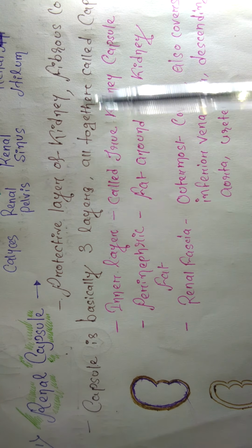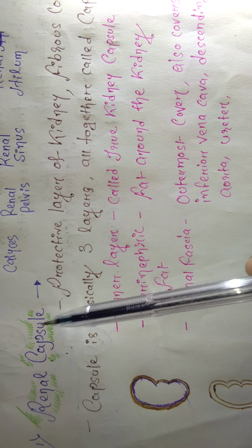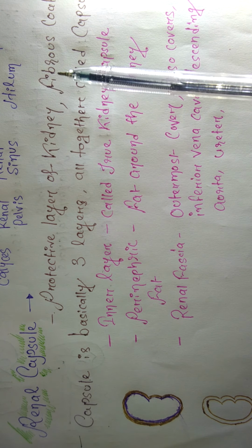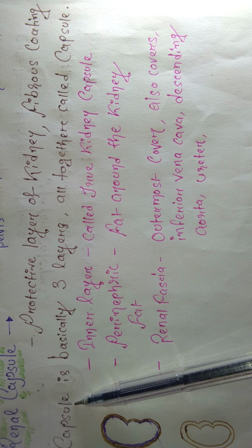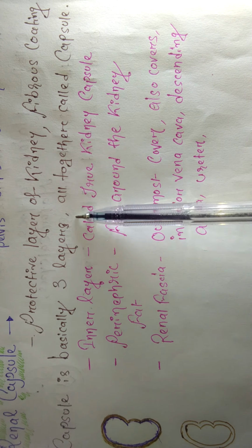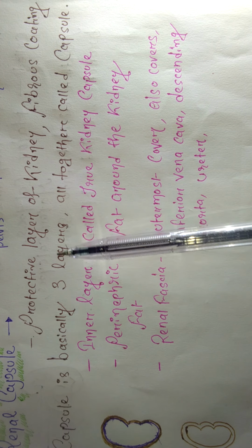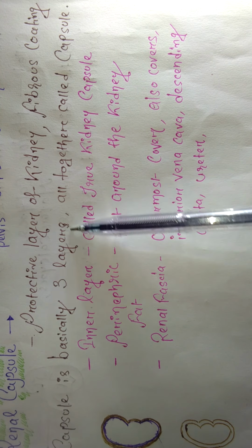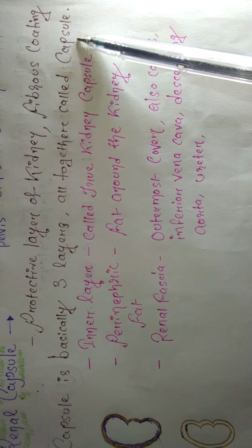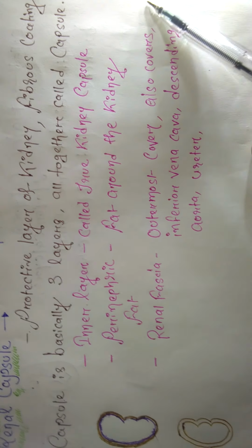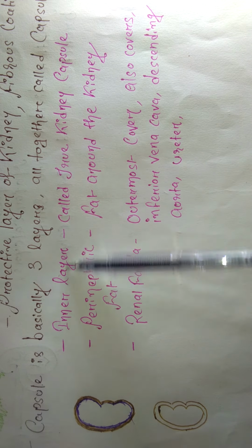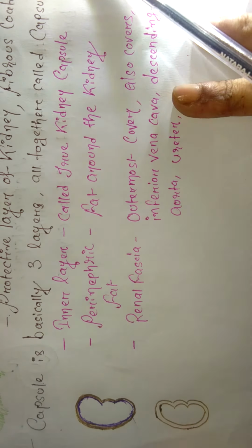Let's see what this is. The renal capsule is the protective layer of the kidney, a fibrous coating. The capsule basically has three layers, and these three layers collectively are called the capsule. Let's see the three layers. The inner layer covers the kidney.